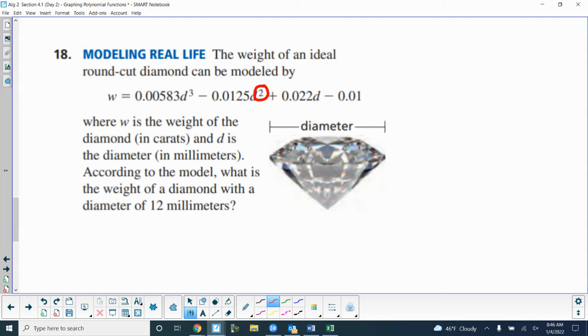But all we're doing is substituting what? 12, right? In for our diameters. That's all we're doing. And when you substitute 12 into that function for number 18, you get 8.53 carats.